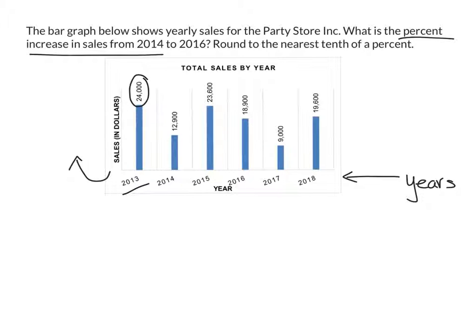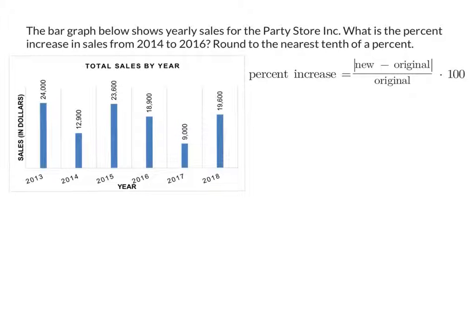2014 to 2016. To find this value, we'll use the percent of increase formula. The percent increase formula was introduced in Unit 2 of this course. We'll use it again here, and the formula is on the screen.